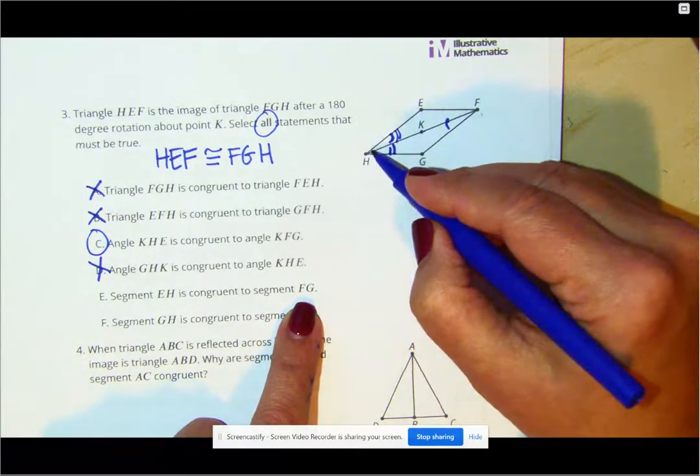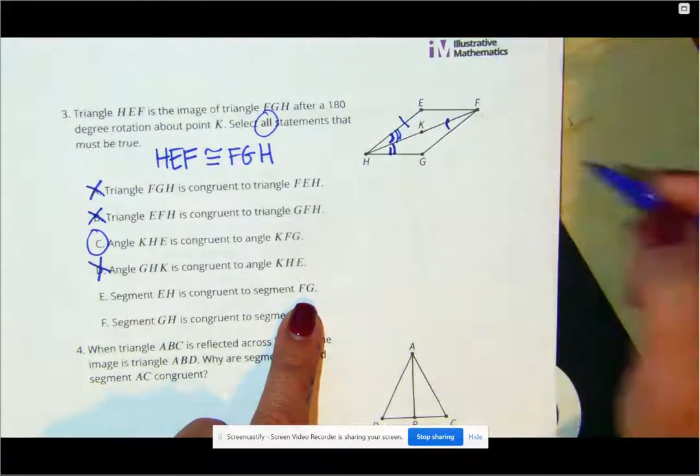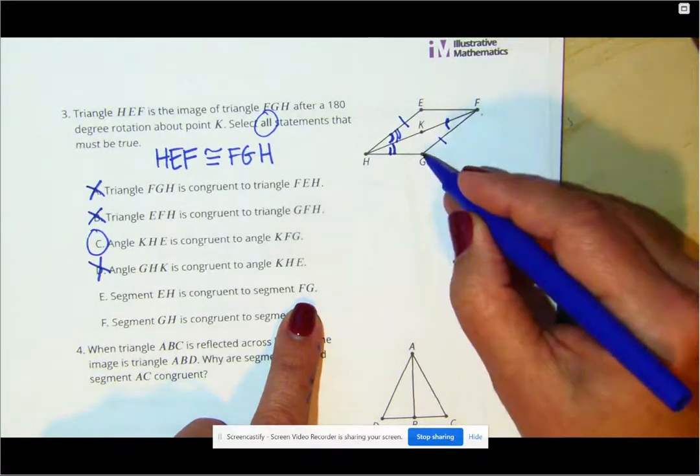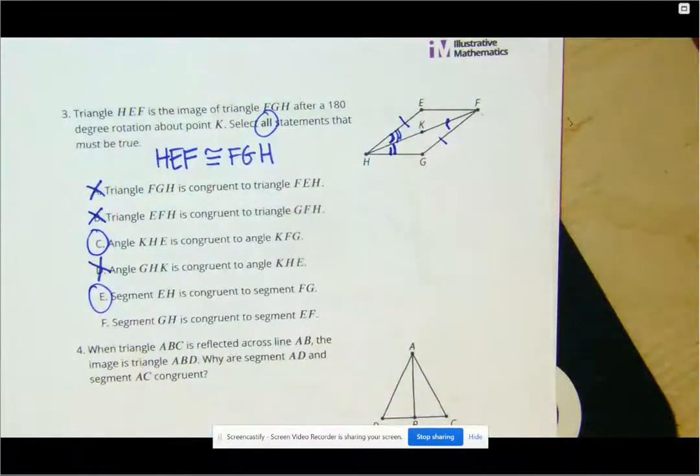EH is the same as this one over here. Yeah, that when it rotated went over to that one. If you're talking about the whole polygon, whatever it is, you need to say all the points in the right order. But if you're just talking about the segment, you can say FG or GF.